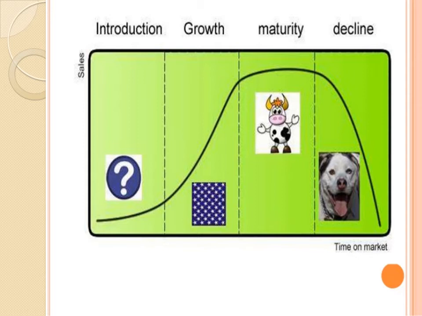So whenever you are saying question marks, you want to take out the decision whether I should go for further production. So here in the introduction level you have the question mark, then in growth you have the stars, then in maturity you have the cash cows, and whenever we are saying decline, there are dogs.